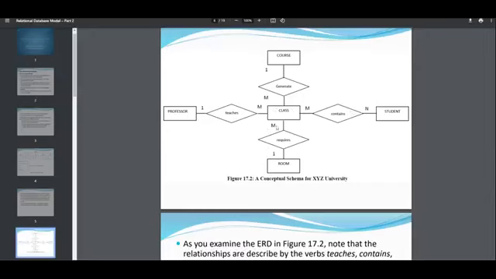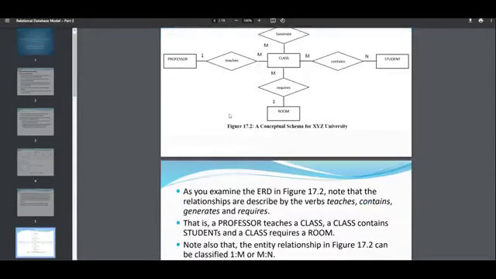Okay, and then here in class and professor, there is a one-to-many relationship, right? So one professor can teach multiple classes. So one class has only one professor.